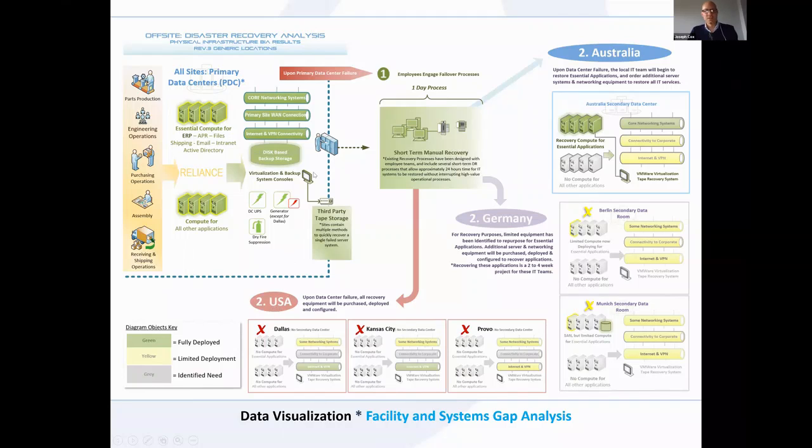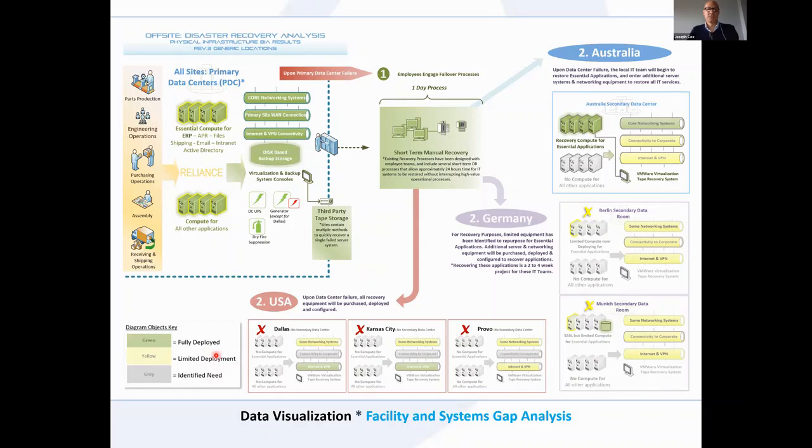In this example, we're showing items in green that are fully deployed. Let me pull up a pointer so you can follow along. In this objects key, those are fully deployed, the yellow have limited deployment, and the gray are identified needs.